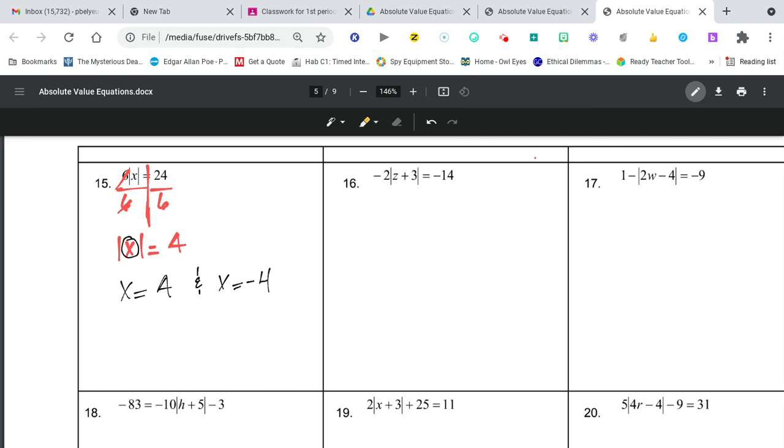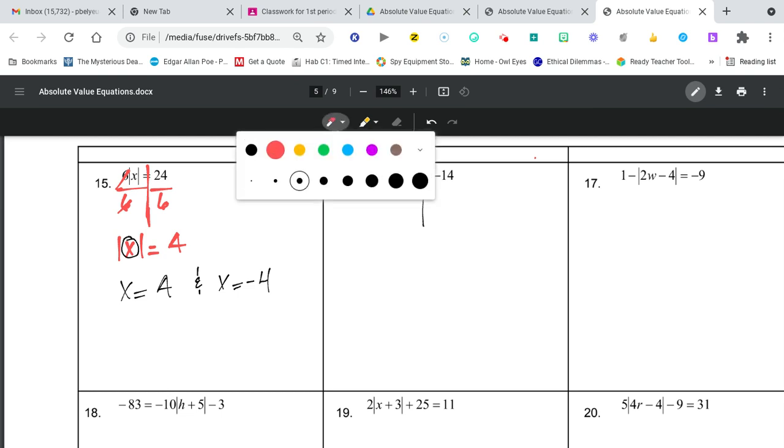All right, let's take a look at 16. For a problem like this, where you have a number that sits on the outside of absolute value, you never use the distributive property because absolute value is very different from grouping symbols, which are parentheses and brackets. So you always get rid of the number that is attached to a set of absolute value symbols by dividing.